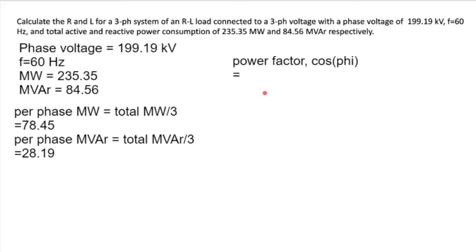Cos phi is megawatt over MVA. It's not R by Z here. It's not applicable here because we don't know R and Z. In the other one, we knew R and Z, so we could calculate it. So you can see power factor can be calculated from R and Z, or from megawatt and megavolt ampere. So what is the power factor here?